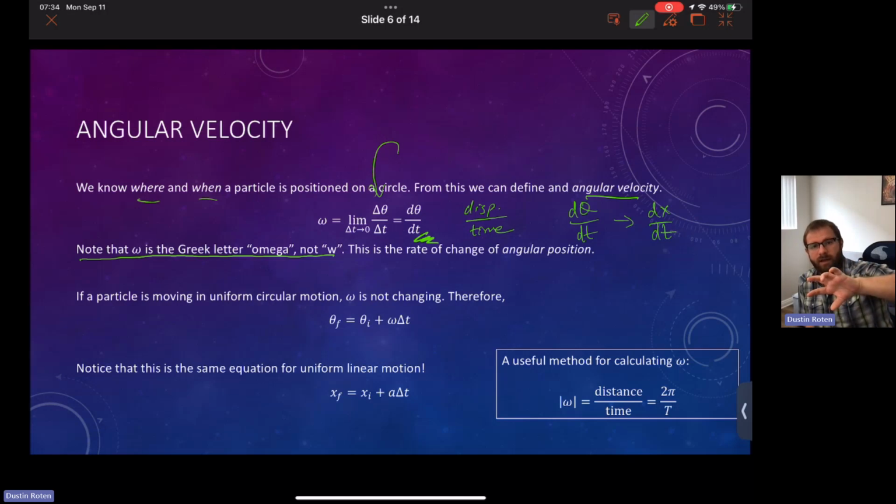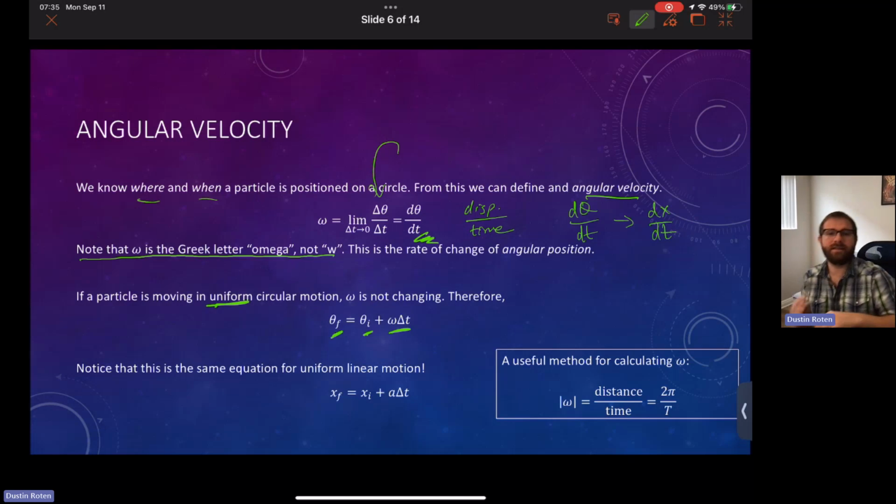This angular velocity has been set. It's uniform, so our angular velocity is not changing at all. In this case, we have a very familiar formula. We can actually calculate where on the circle this particle ends up if we know the initial position, that unchanging omega value, and how long it's been moving.